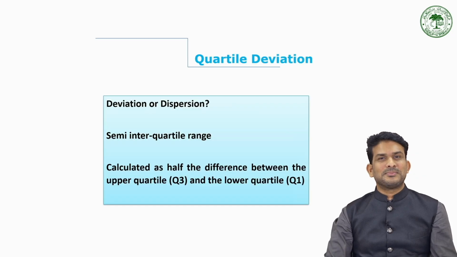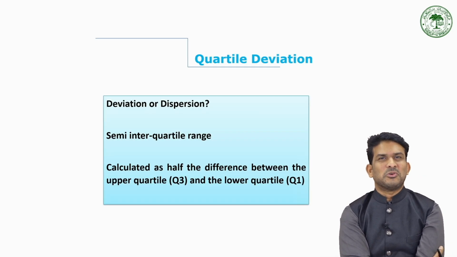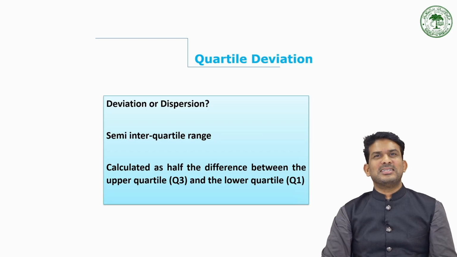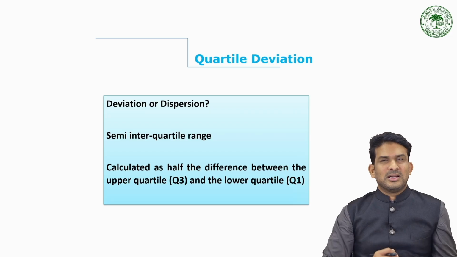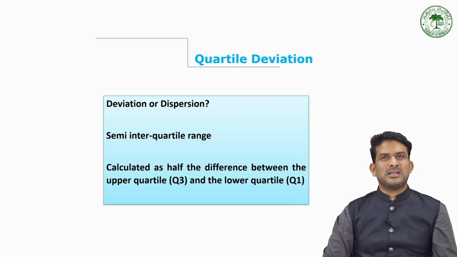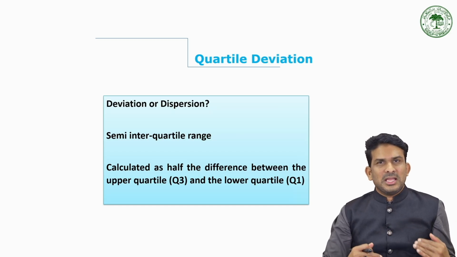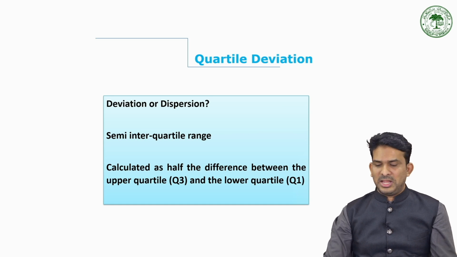Welcome back again. What is dispersion and deviation? We know that. Quartile deviation, we have seen that it is a semi-interquartile range. Third quartile and first quartile we are taking together, computing the range, and we are going for semi of the range, that is semi-interquartile range.